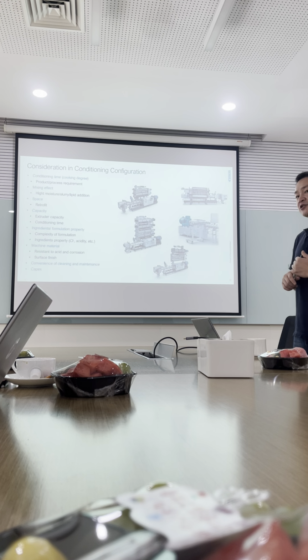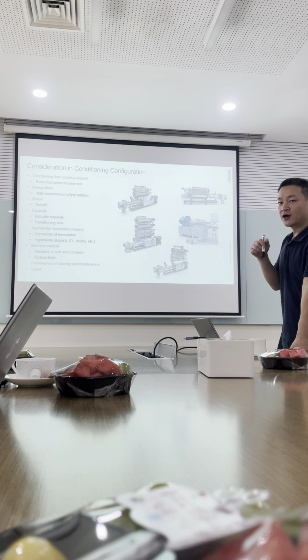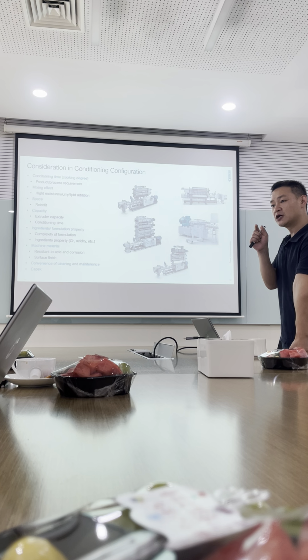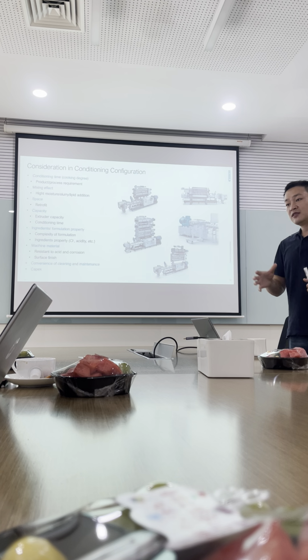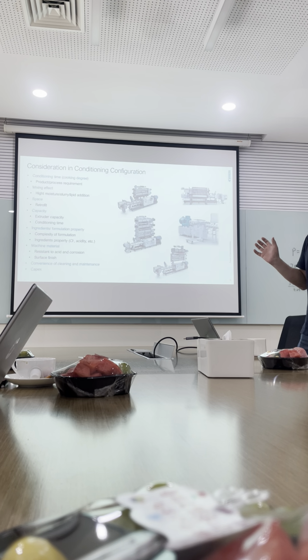Maybe you know that Wenger has a type of conditioner, the DDC, which is the HIP, high intensity preconditioner, right? That DDC is quite different from other application usage, because their speed is quite high.